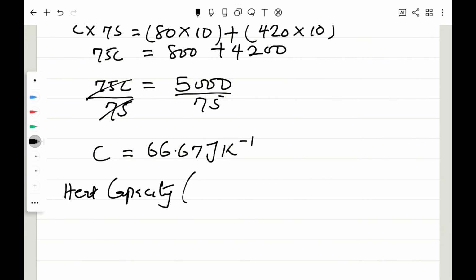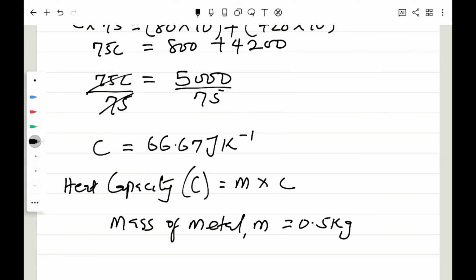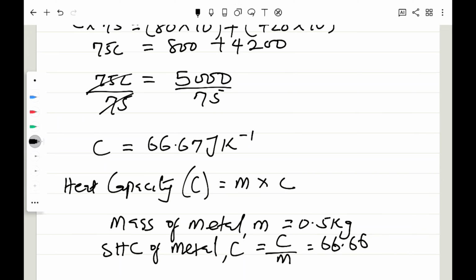So heat capacity, which is C, is equal to the mass multiplied by our specific heat capacity. The mass of the metal, which is M, is equal to 0.5 kilogram. Is that clear? Then, our specific heat capacity of the metal, which is lowercase c, is equal to uppercase C divided by M. So we have 66.67 divided by 0.5.